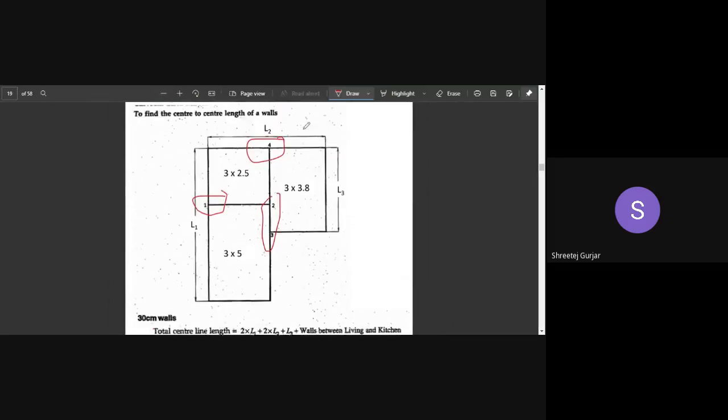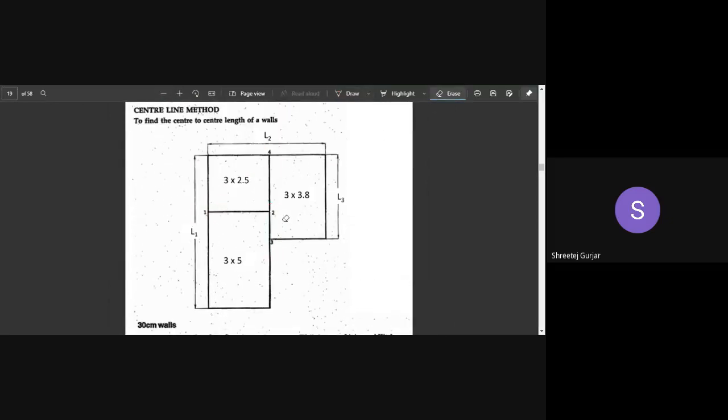Here, L1 you have understood. They are two in number, this one and this one. L1 are two in number, but L2, what is this length? This length plus this length will be equal to L2 itself. This is 3 meters plus 3 meters, equal to 6 meters, which is the length of your L2, center to center.